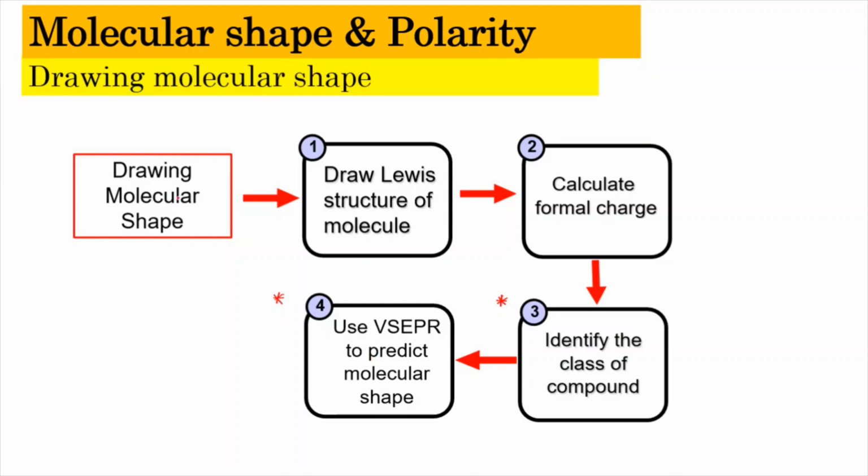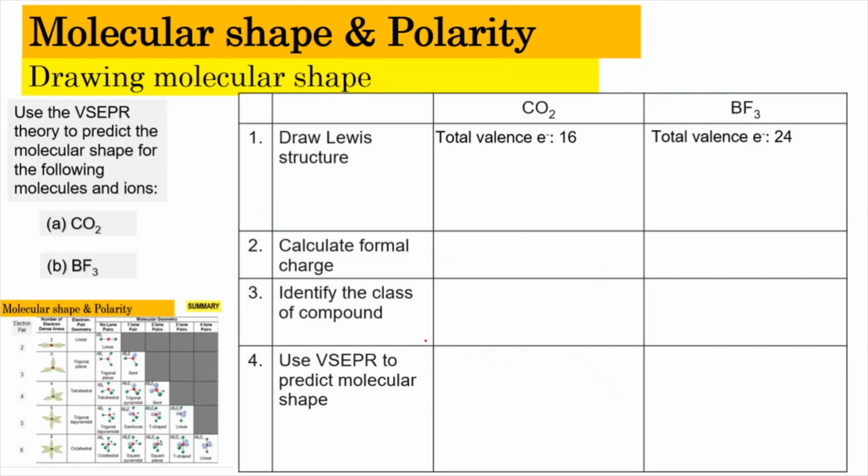In order to do that, we need to be able to draw the Lewis structure of the molecule and calculate the formal charge to make sure the structure we are drawing is stable. Once you get the correct one, we identify the class of the compound, and then predict the shape using VSEPR. So let us look at the example.